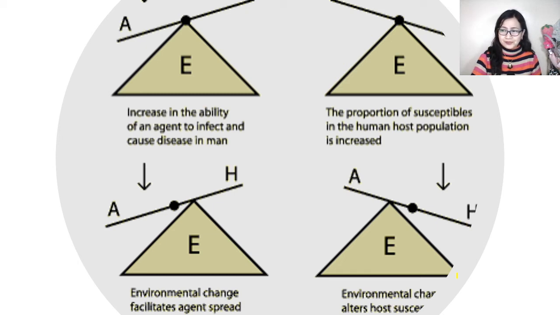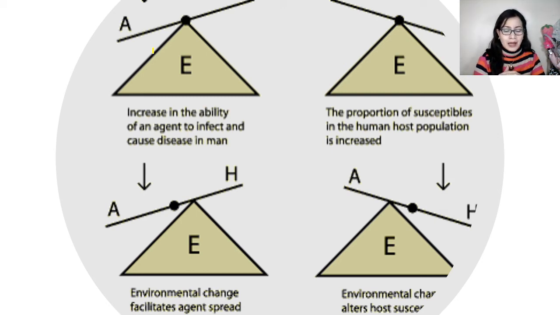Okay, so for example, let's say COVID-19, okay? At the start of COVID-19, there is actually the ability of the COVID-19 agent to infect and cause disease in man. Okay, and then it deteriorates. Actually, it did not, rather it progresses.